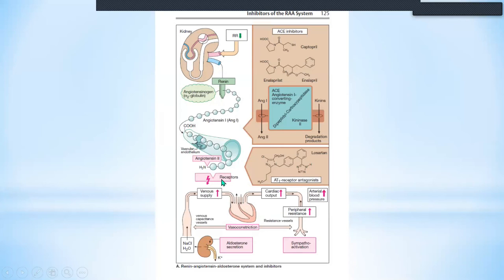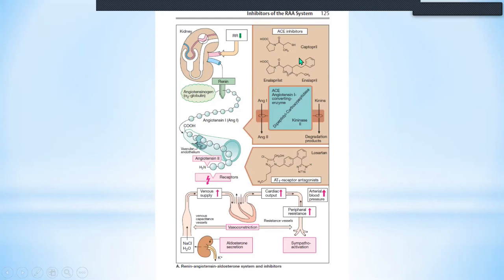Then the angiotensin 2 receptors are activated, which in turn act on the vascular endothelium and cause constriction. And angiotensinogen or alpha globulin is related with renin and also prorenin. Prorenin and renin both act on the renin receptors.